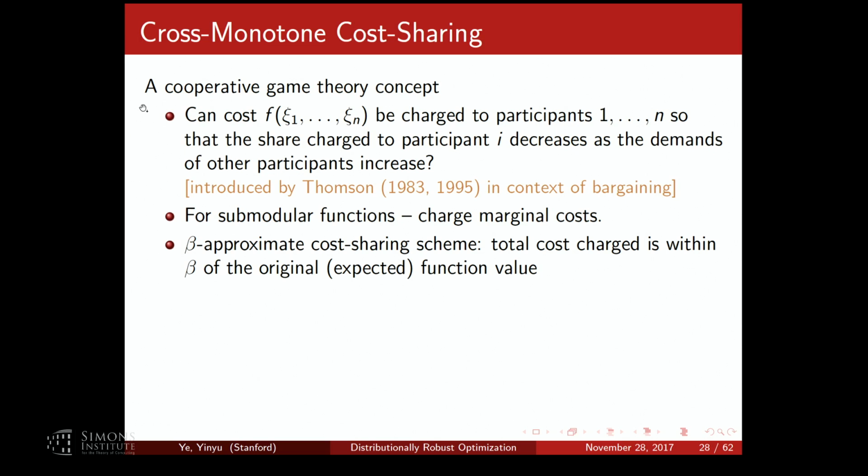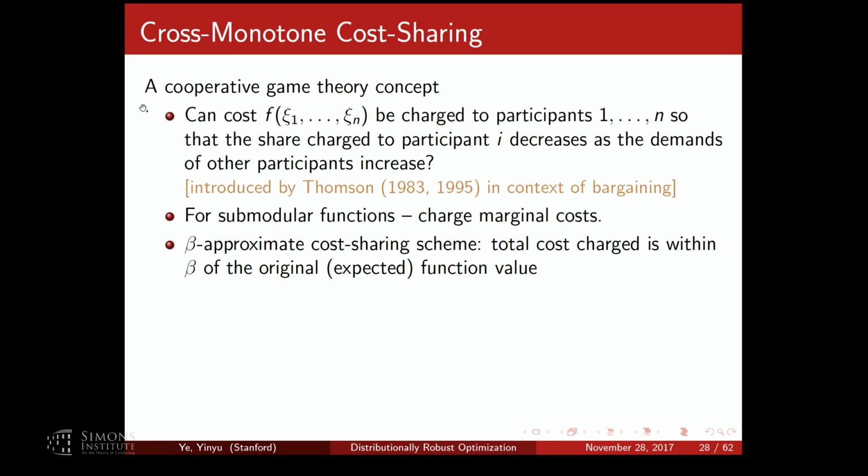Cost monotone cost sharing basically says you can think about C1 to Cn, different agents, who have these cost functions. Can this cost function be charged to participants 1 to n independently? It's like a sum of these cost functions, such that participant i's charge should decrease as the demand of other participants increases.